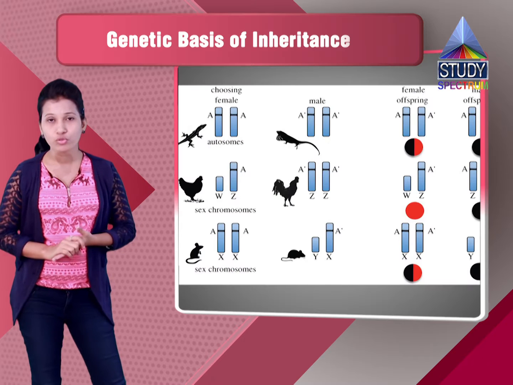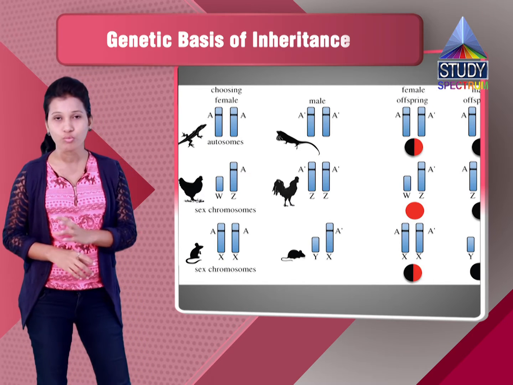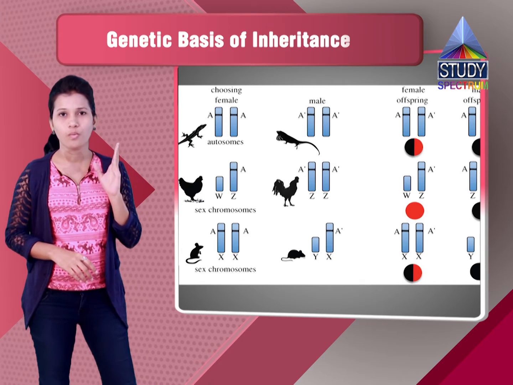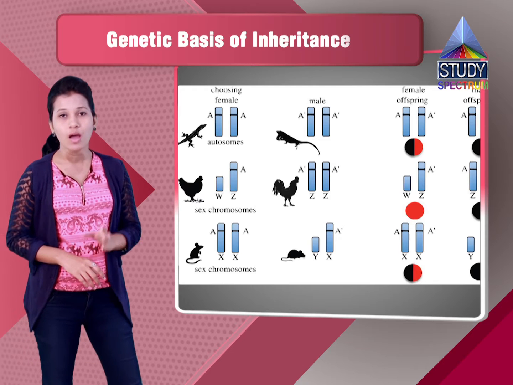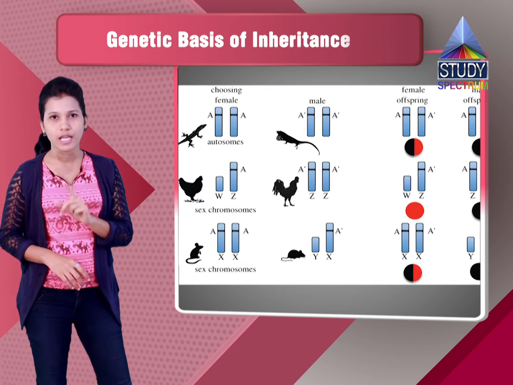The genotypic ratio will be the same, that is 1:2:1. One HbA HbA, two HbA HbS, and one HbS HbS.